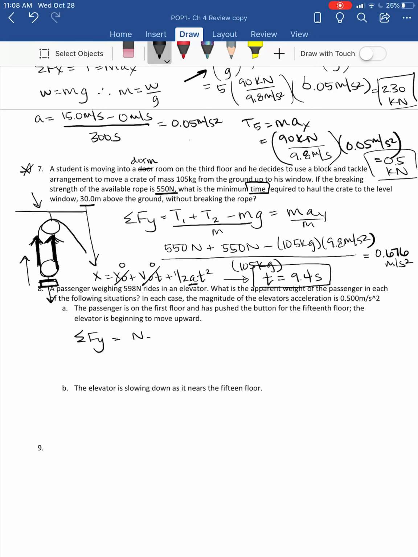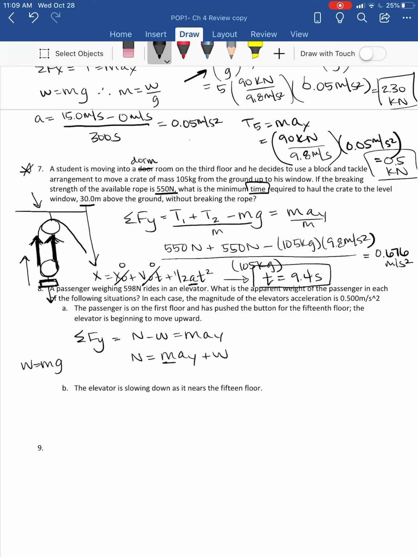So you've got normal minus weight is equal to mass times acceleration in the y direction. Okay, so we're going to solve for the normal. We've got mass times acceleration plus weight. Did it give us a mass? No. But again, we can find that by taking the weight that it gives us divided by 9.8.